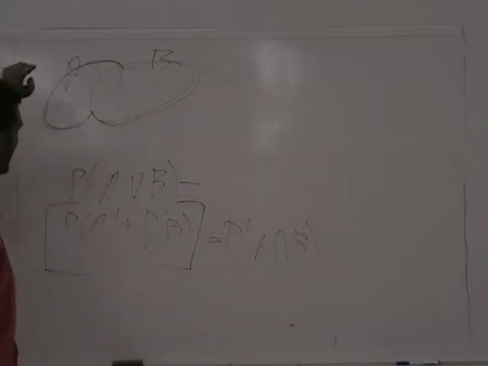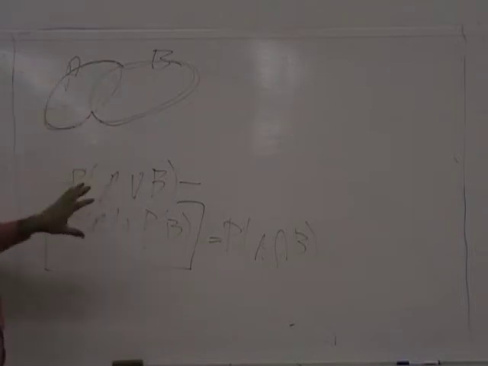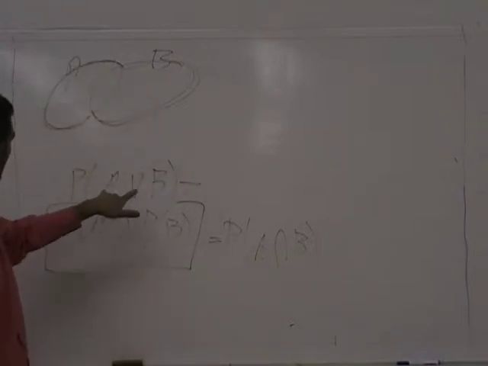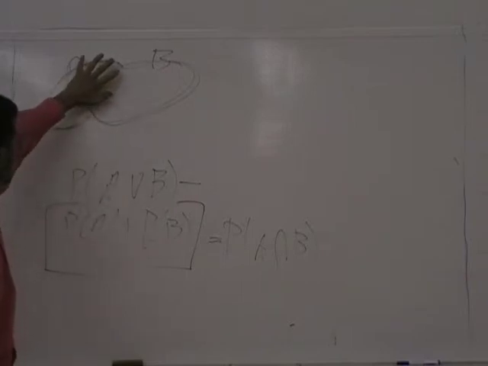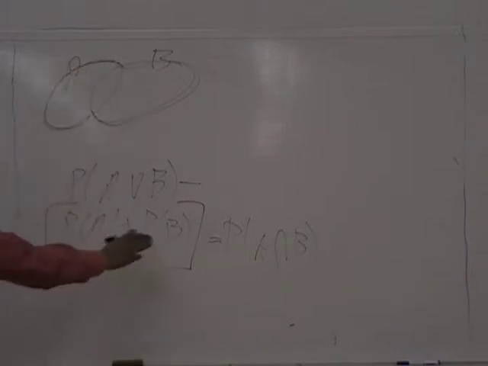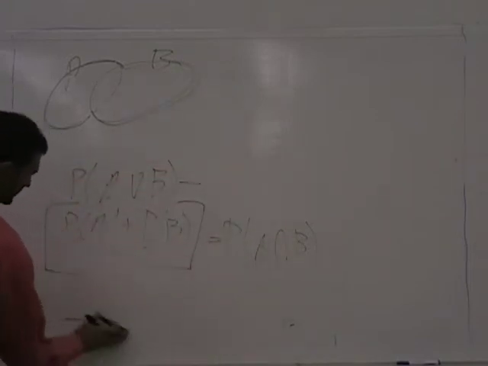I'm sorry for this, but if you haven't seen basic probability, it's hard to do the other stuff without giving them this. So the intersection, if we take the union, oh no, that's wrong, and we subtract probability of A, and we subtract the probability of B, we're left with negative that.